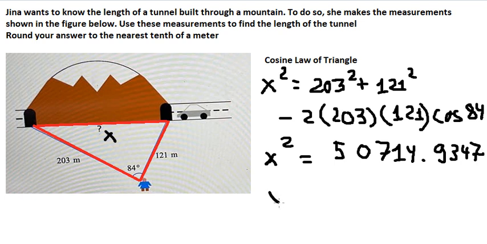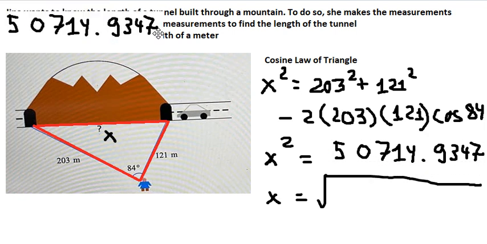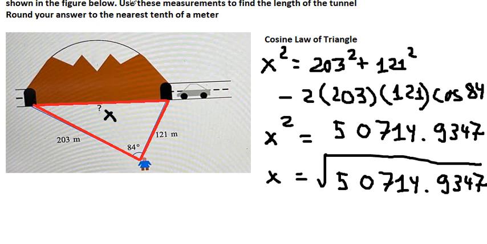Now we take the square root of both sides, and we have the final answer, that is 225.2 meters. And this is the final answer we need to write in here.